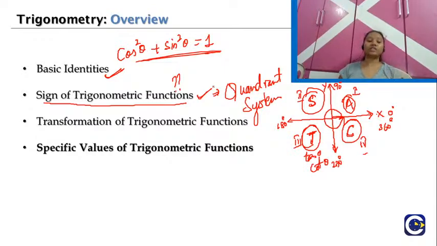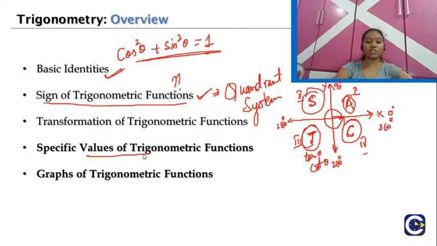There is a reason, because once we know the specific values, this will lead us to plot our graphs of trigonometric functions. So the next concept of today's session is graphs of trigonometric functions.